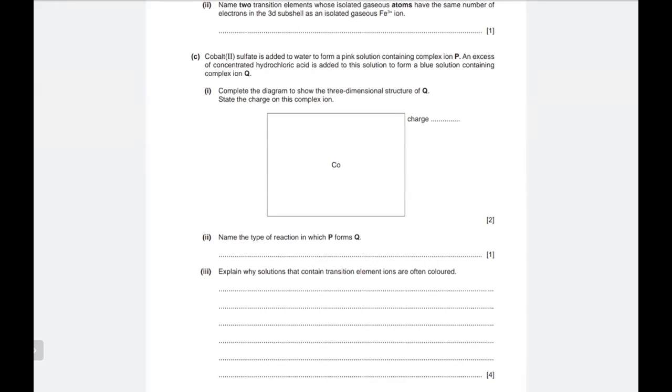Transition element compounds are colored because they have partially filled d orbitals, and electrons show d to d transitions. That's the exact point.